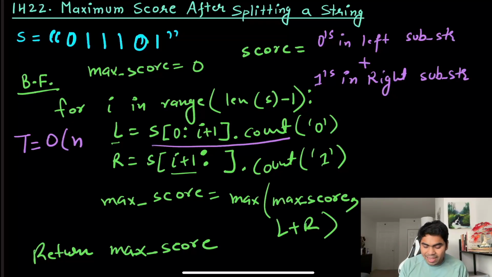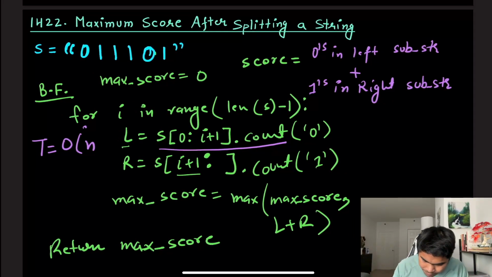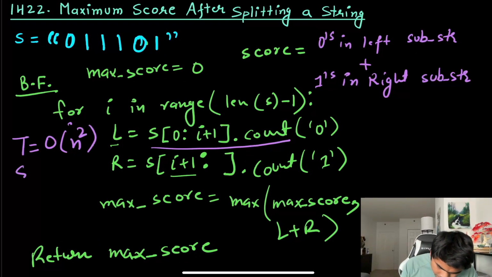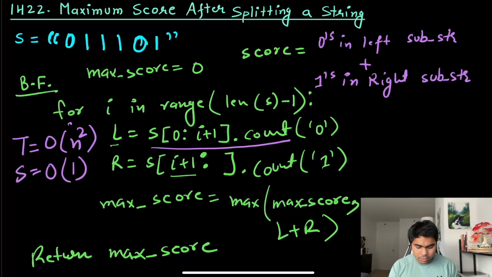So for each i I am going over all the elements on my left side, which can be n minus 1, but n minus 1 times n would give me O(n squared) time complexity, right? And for space, we are not using any space, so that is constant.